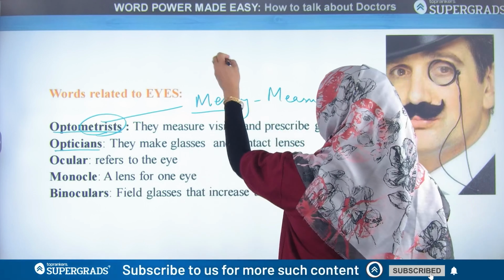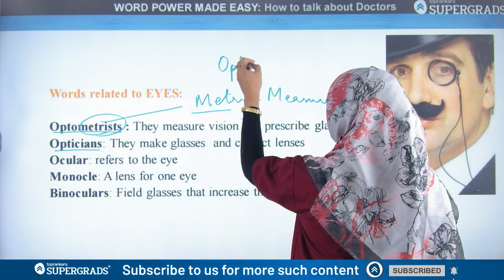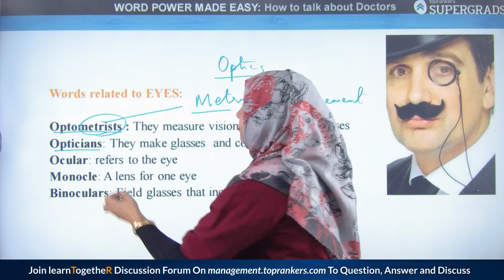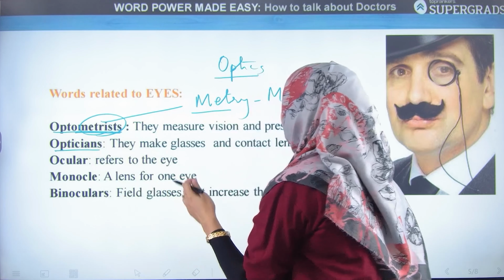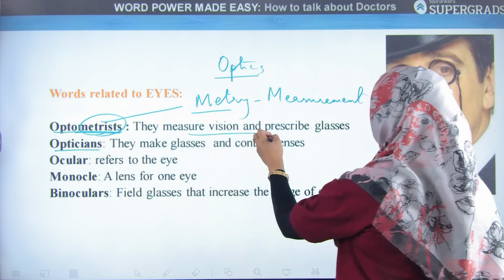And optics refers to vision basically, or seeing. Fine. An optometrist is somebody who measures your vision and prescribes glasses. They measure your vision, but they are not ophthalmologists.